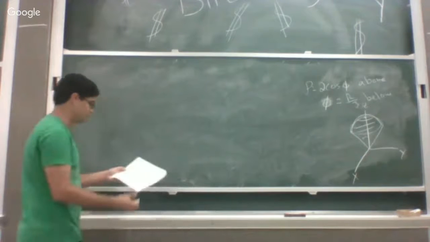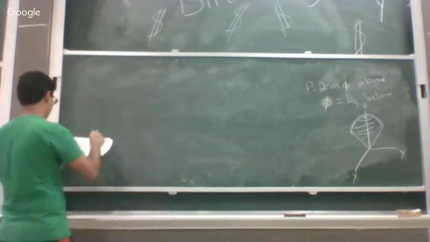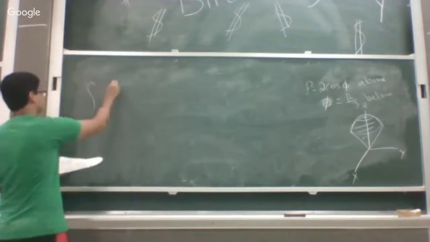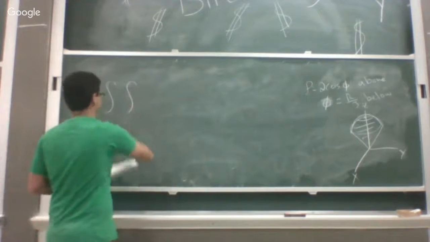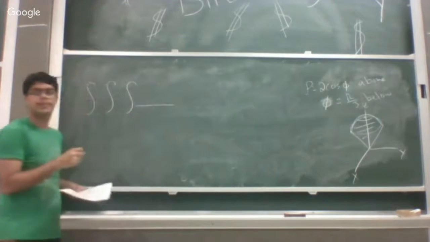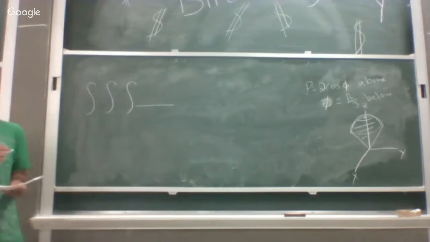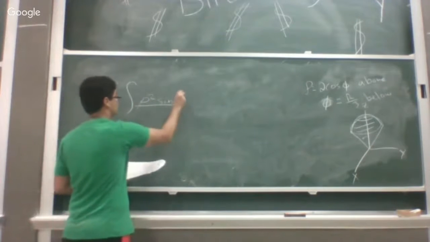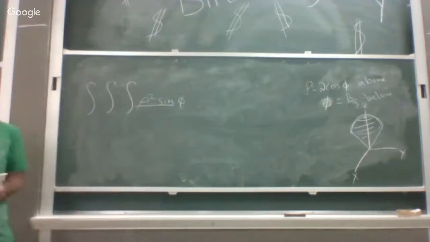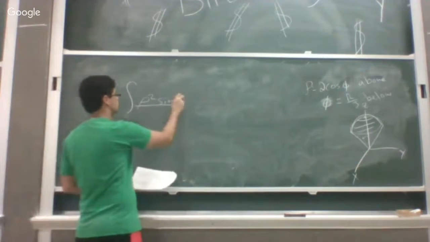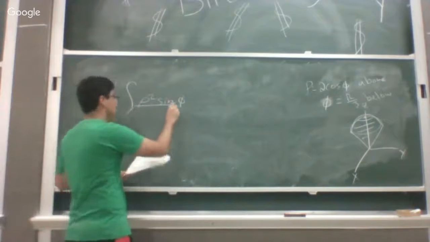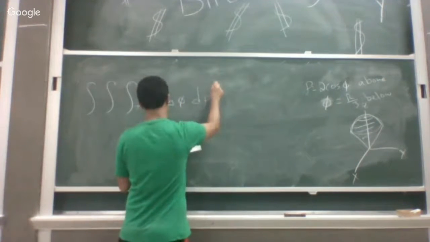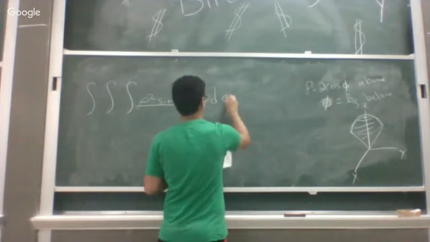No? Okay. So after you draw it, it shouldn't be hard to write the triple integral with the limits. What goes right here in spherical coordinates? Rho squared sine of phi. Don't forget that. In cylindrical, it's always r. In spherical, it's rho squared sine of phi, d rho, d phi, d theta.